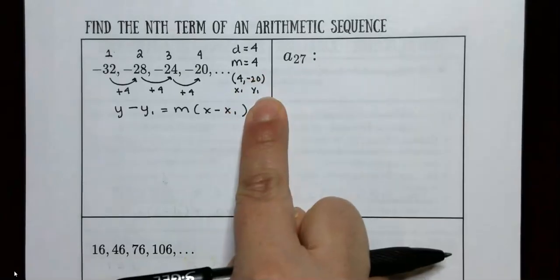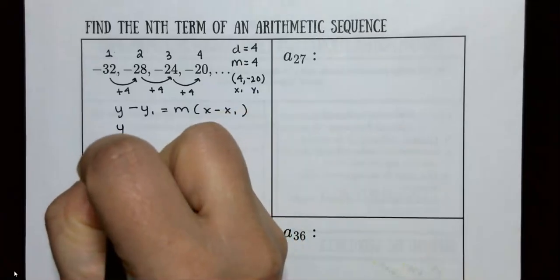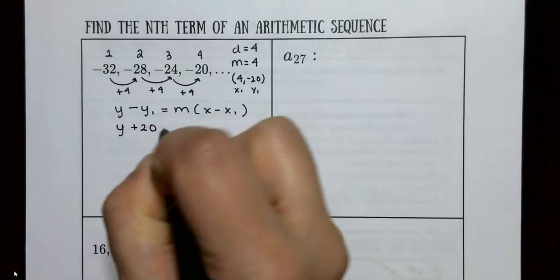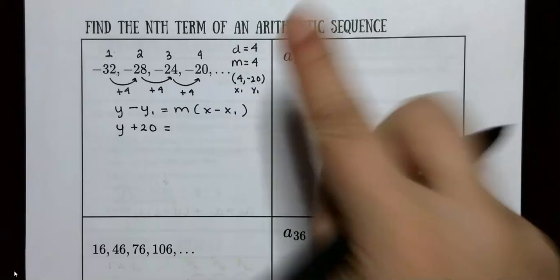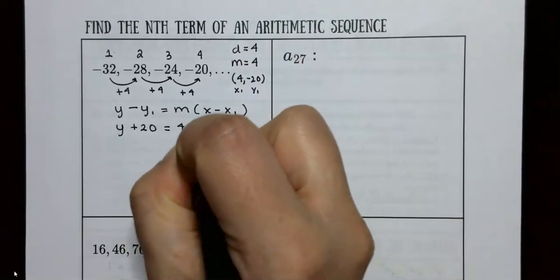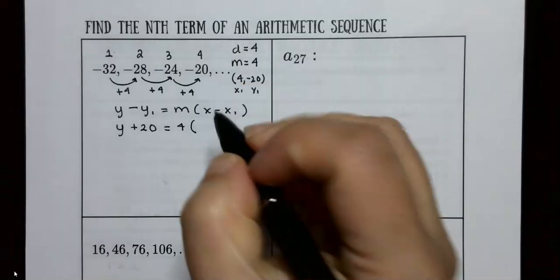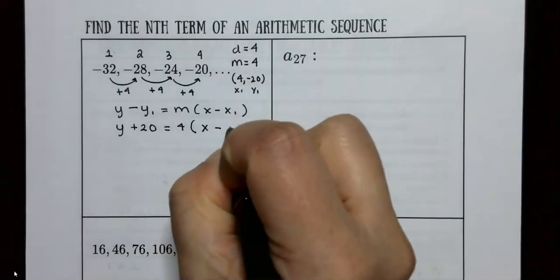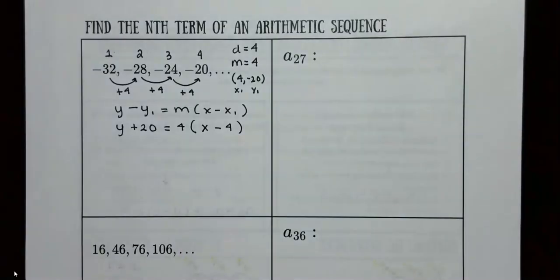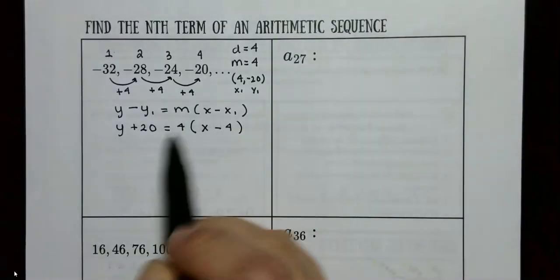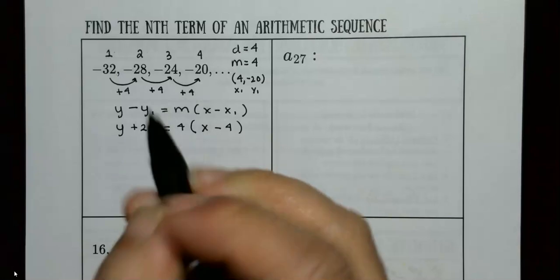Our y1 is a -20, so we're going to write it in as a positive 20, is equal to our common difference, or our slope, a positive 4. And then since our x value is a positive 4, we're going to change it to a negative. So x minus 4. Now from here, we're going to distribute the 4, and then we're going to subtract 20 from both sides.